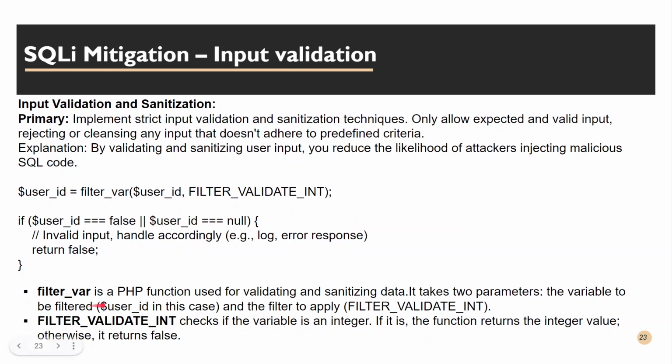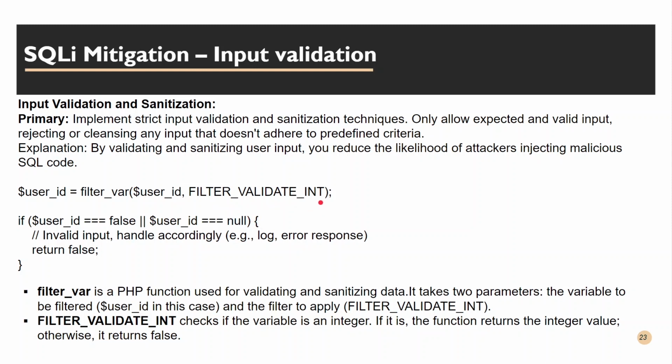Now let's go to the explanation part here. We have filter_var, a PHP function used to validate and sanitize data. It takes two parameters, just like I've explained earlier: the variable to be filtered, which is the user ID in this case, and the filter to apply, which is FILTER_VALIDATE_INT.